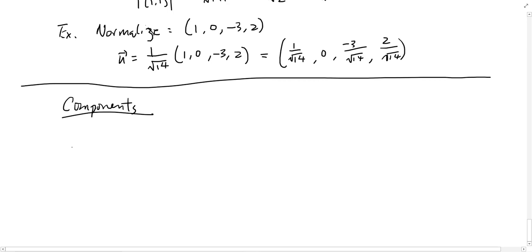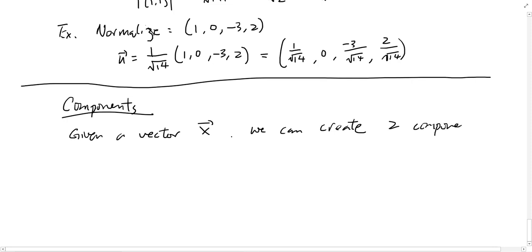So what do we mean by component? Basically it is this. Let's say we're given a vector x. What we can do is the following. We can create two components of vector x such that the following things are true.